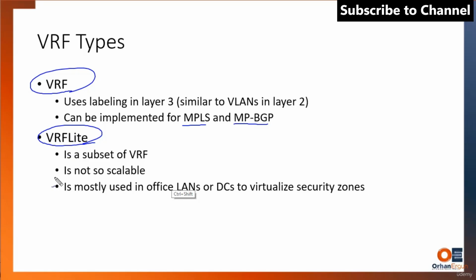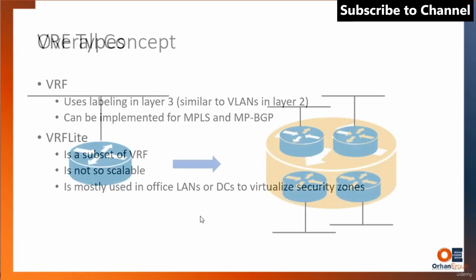So what you do is to just suffice to virtualize on one router. And most of the time you're talking about office LANs or small data centers, or sometimes you just go with virtualization of security zones on just one router again. Like I said, I'm going to talk about this in depth. Let's go for some other slides and see what we have there.